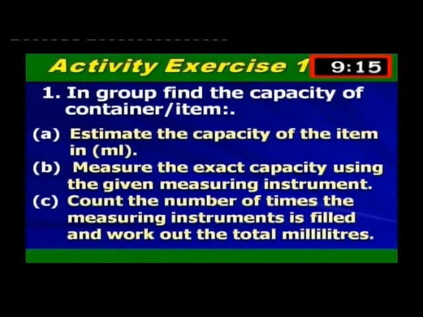Did you use this to measure? No. Make sure you use this because you're going to count how many times did you use this conical flask. You are just using this to store, but you use this to measure.